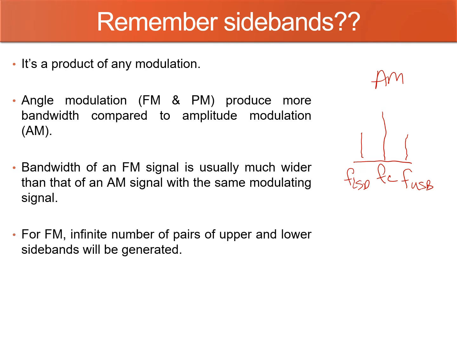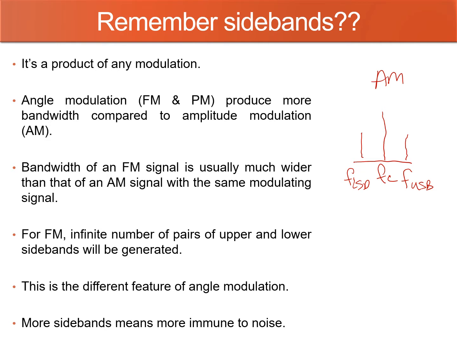So for FM, an infinite number of pairs of upper and lower sidebands will be generated, and this is the difference in features of angle modulation. Lastly, more sidebands means more immunity to noise.